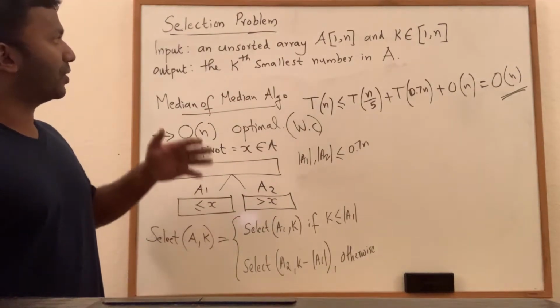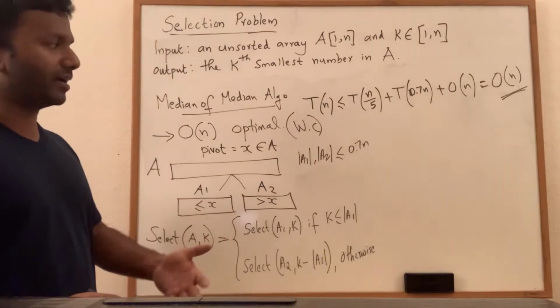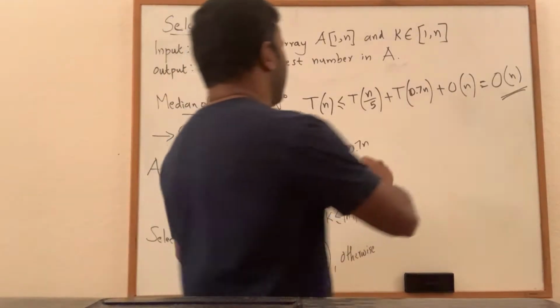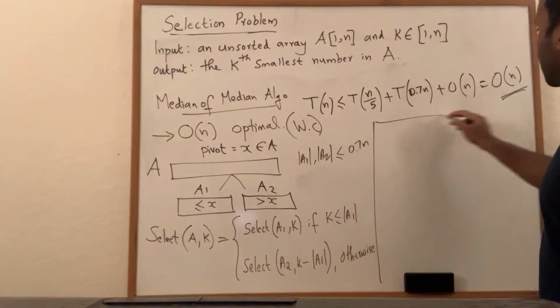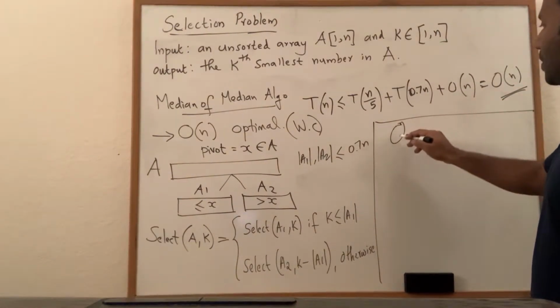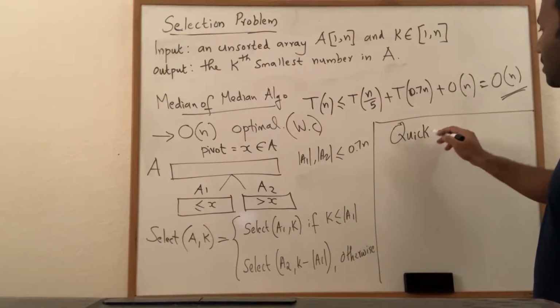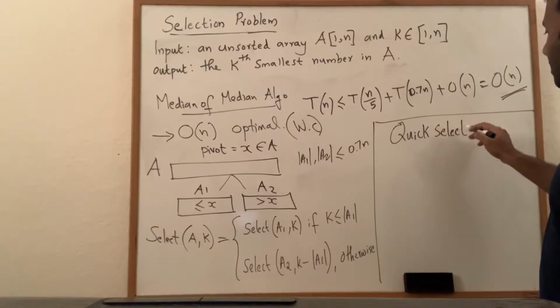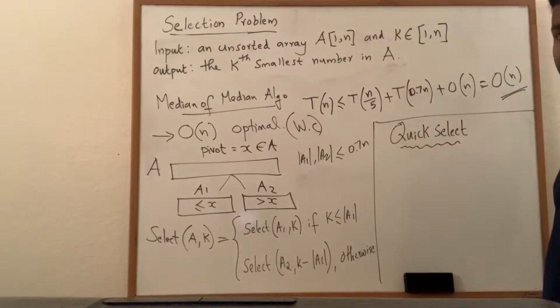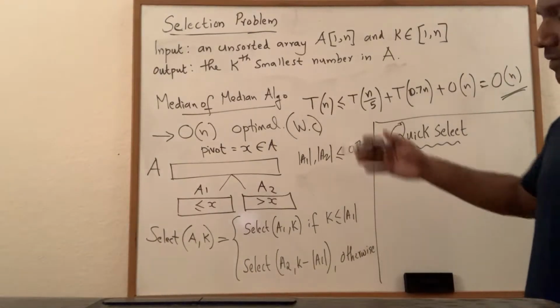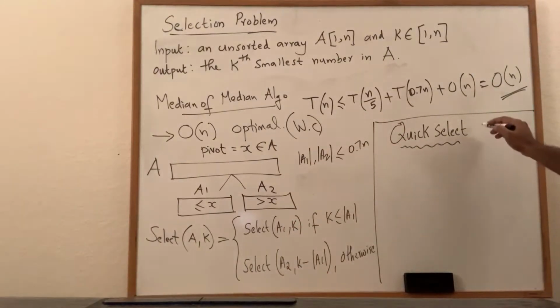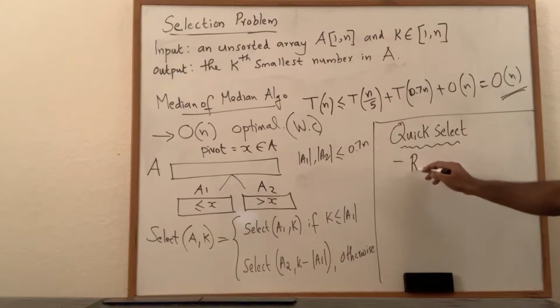Now what I want to show in this lecture is another algorithm, which is known as nothing but quickselect. Okay, this is another algorithm for solving the same problem, and this is a randomized algorithm.